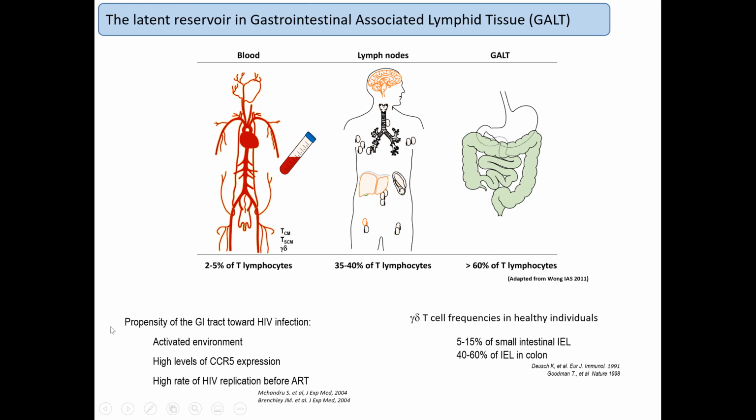We know that there's a propensity of the GI tract toward HIV infection with an activated environment and high expression of CCR5. And gamma delta T cell frequencies in healthy individuals can be up to 60% of IELs in the colon. So it's worth it to take a look at their contribution in GALT.